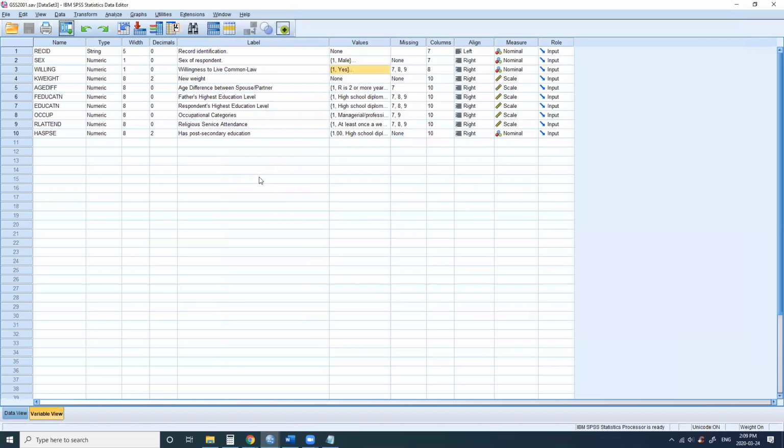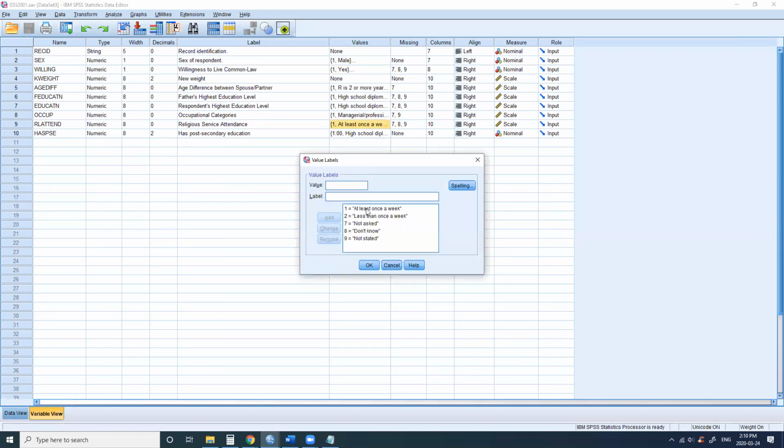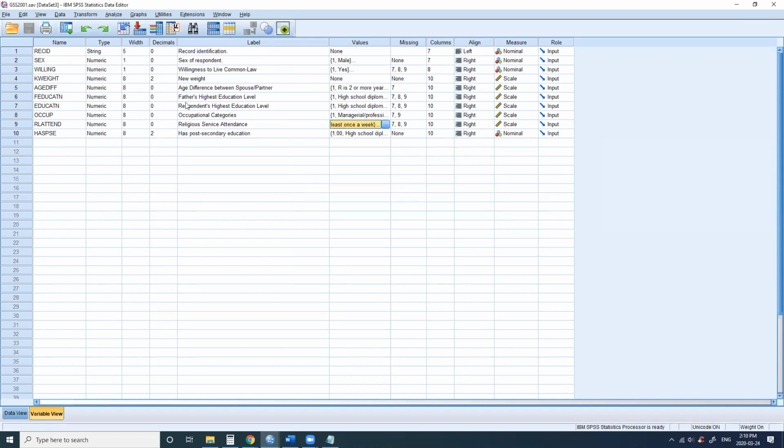This data set conceptualizes religiosity in terms of how often one attends religious services. Religious service attendance is coded as 1 if somebody goes to a religious service at least once a week, and 2 if they go less than once a week.